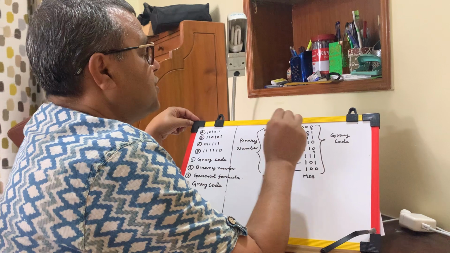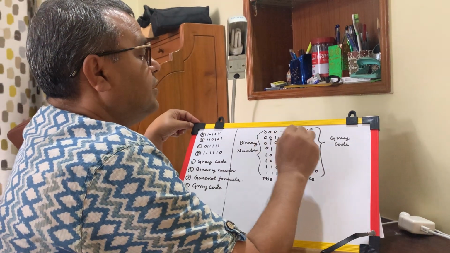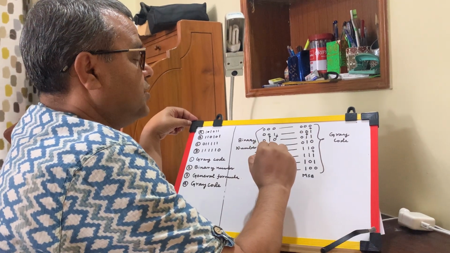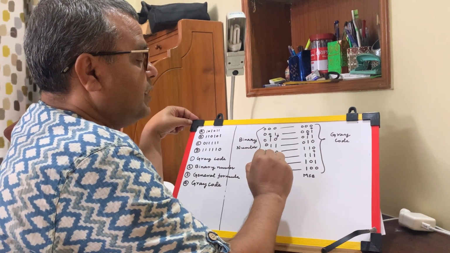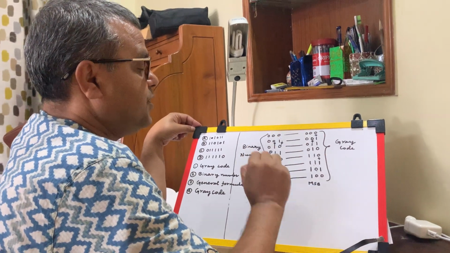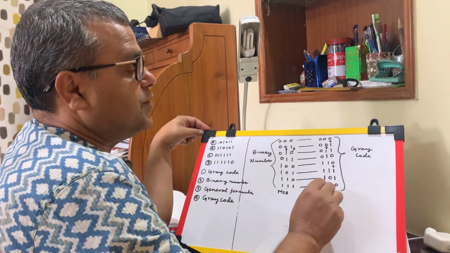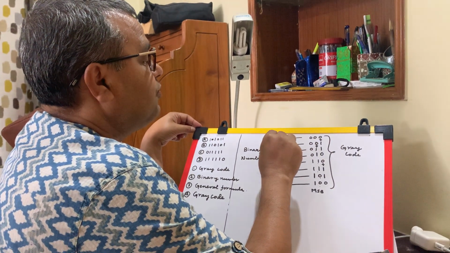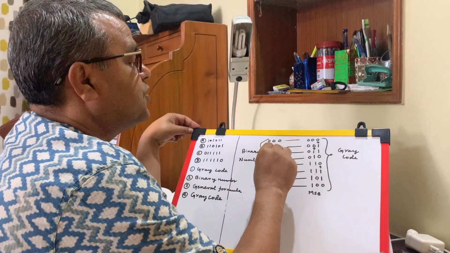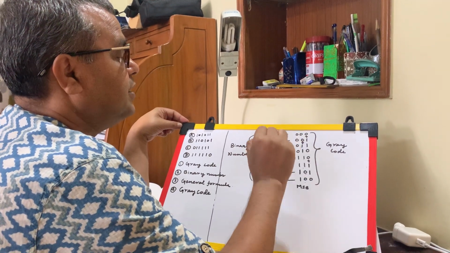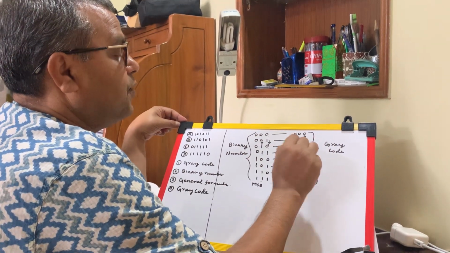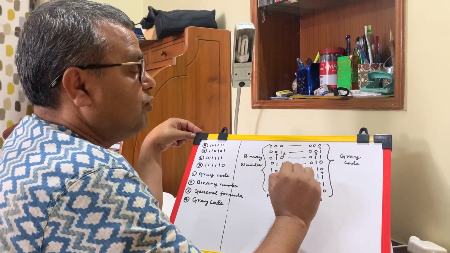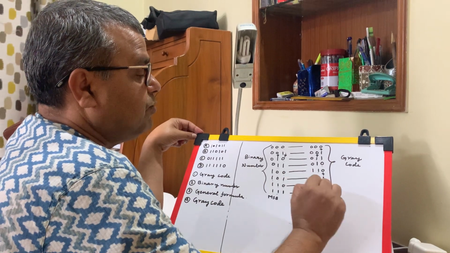So 00 is 0, 01 is 1, 10 is 1, 11 is 0. Similarly, the LSB we can find by doing XOR of the last two bits: 00 is 0, 01 is 1, 10 is 1, and 11 is 0.